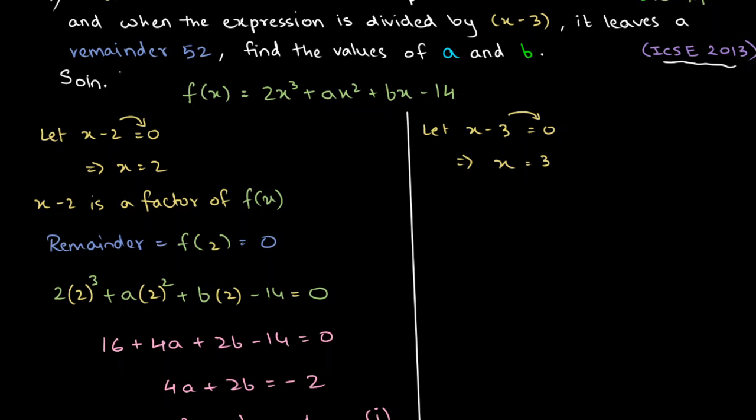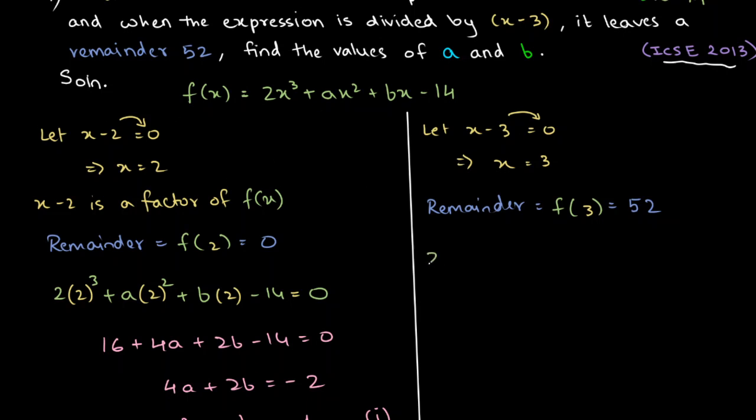Now, they've told us it leaves a remainder of 52. So I can say that the remainder will be equal to f of x, and now x is equal to 3, so the remainder would be equal to f of 3, right? And that is given to us to be 52. So let's figure out what is f of 3 now.